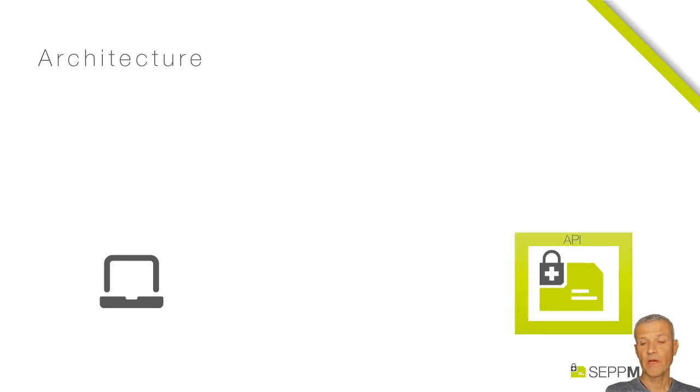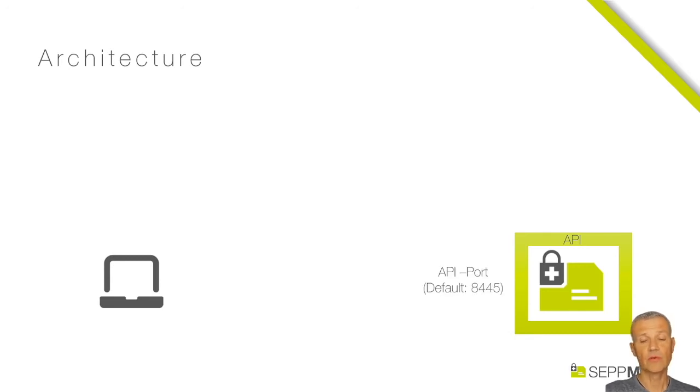To understand a little bit better how the architecture of the module works: you have a SEPPmail on the one hand, and you have your notebook or server or an automation system on the other hand. Around the SEPPmail is an API, and this API provides you with details about users and all that stuff, so you can talk to your SEPPmail programmatically.